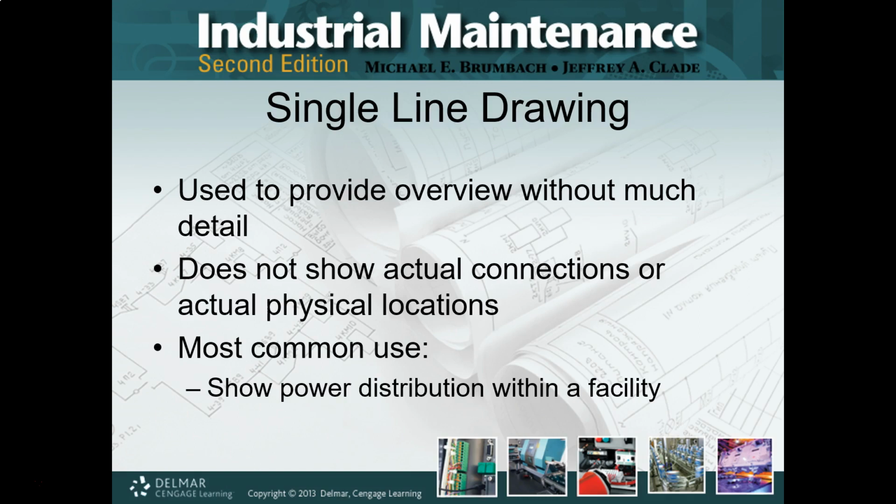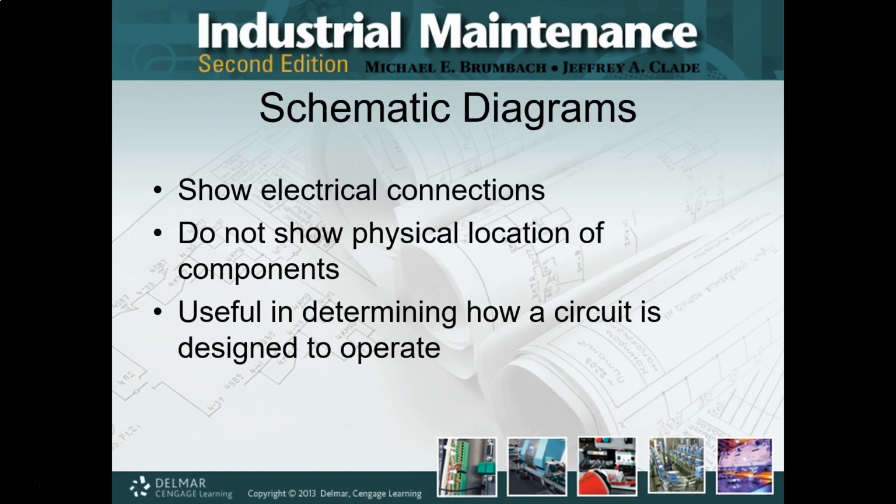So those isolation valves were marked on our single line drawing, but the rest of the piping, the rest of the valves and the instrumentation was not represented on those drawings. So a single line drawing, while its claim to fame is electrical, as I just mentioned, could be used for other types of processes as well.